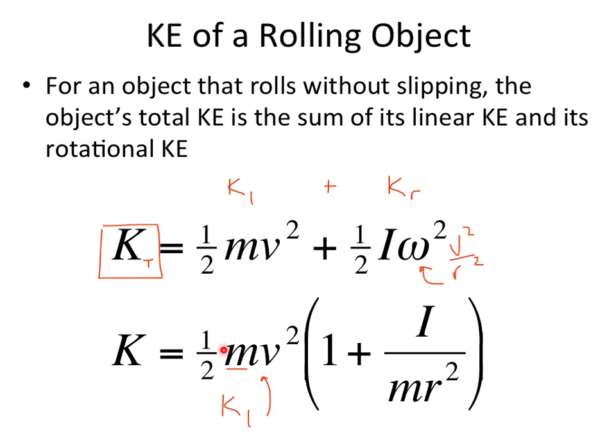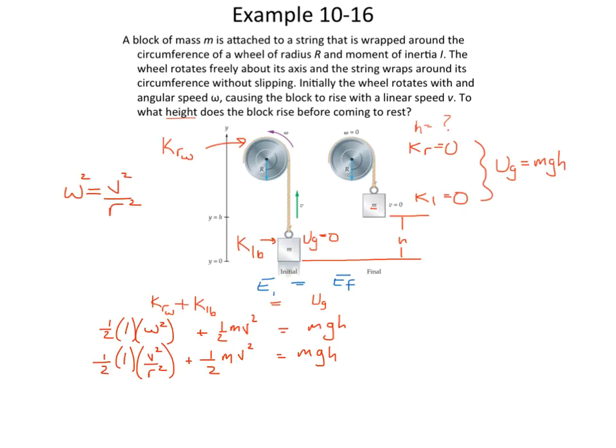So let's do that in our problem right now. It's going to be 1/2 m, that's lowercase m, v squared. So that comes out of this whole thing. We've got the 1/2 and the v squared, but the m is going to have to go into the denominator.